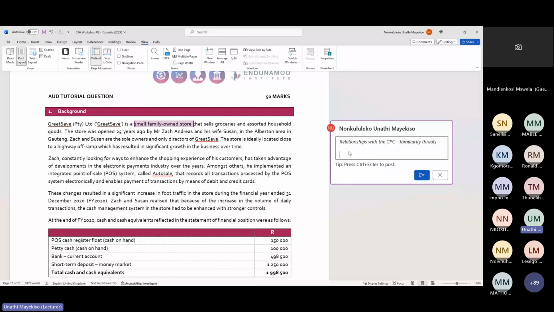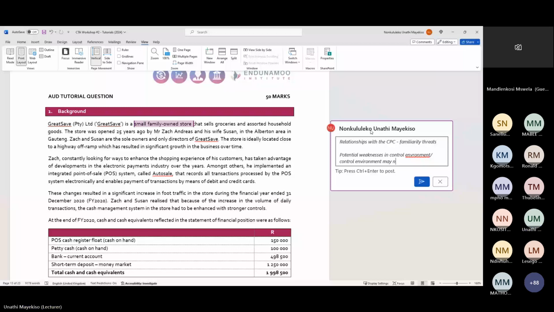Yeah, so potentially, or potential weaknesses in the control environment, or you can say the control environment may not be strong or sound, something like that.